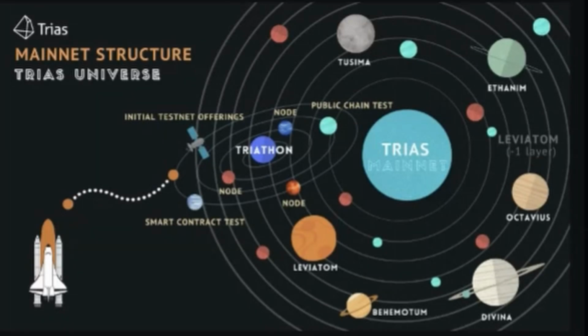The relationship between eco projects and the Trias mainnet is similar to that of galaxies and the universe in which they are located. The galaxy eco projects, together with their components such as nodes and applications, play different roles and cooperate with each other in the growing Trias universe. Any machine running in the Trias ecology will have 2 roles, just like the sun in the solar system and in the Milky Way, running around the Earth and running around the Milky Way.